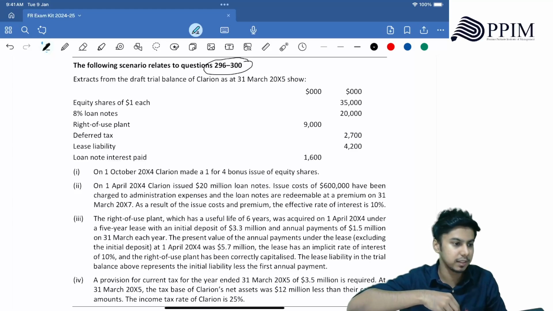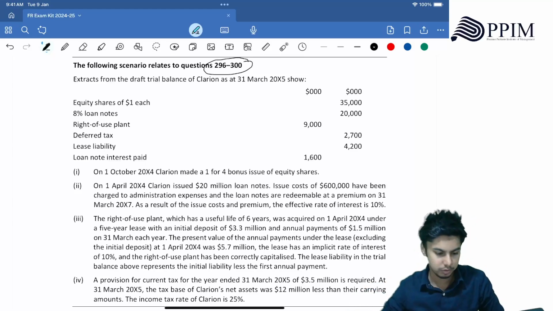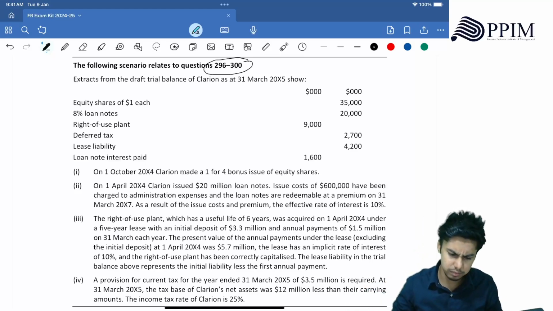I think that this is a relatively new question. It covers EPS, financial instruments, lease, and tax. These are things, guys, that are being covered over there.